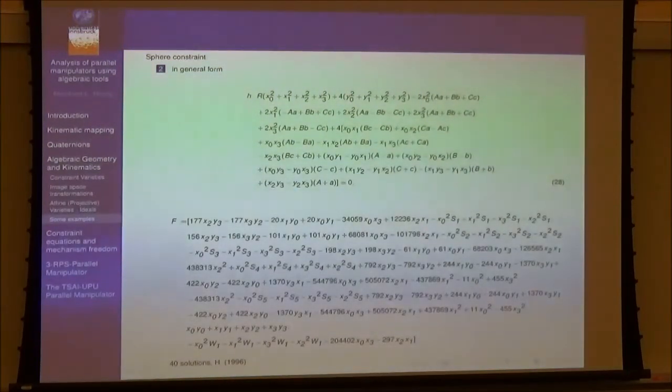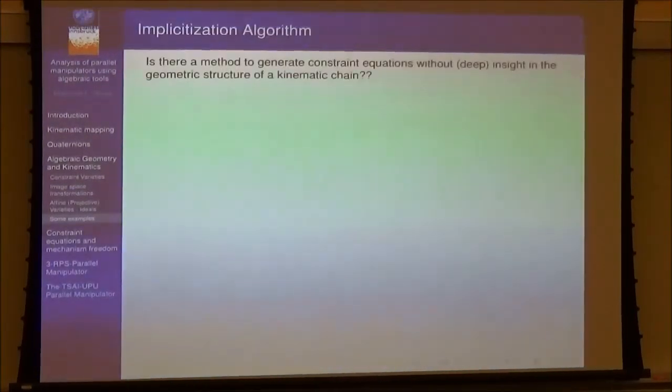If you specify the anchor points with some real numerical coordinates, and these are the coordinates belonging to this positioning manipulator of the mirror, you can solve this and you will find up to 40 solutions.